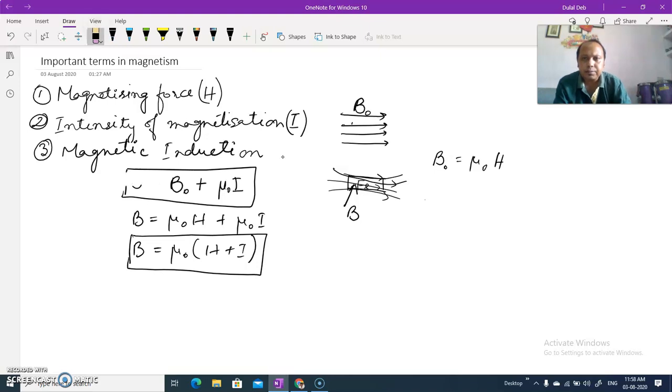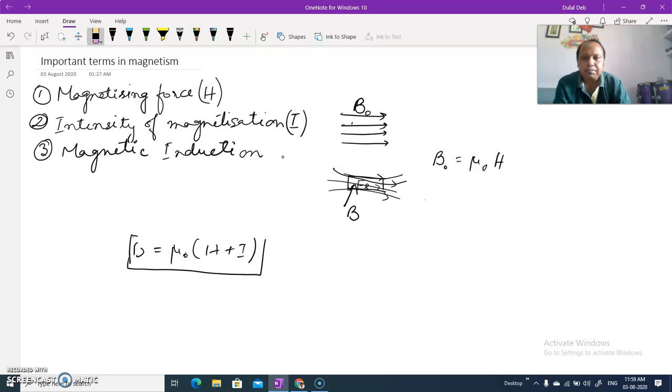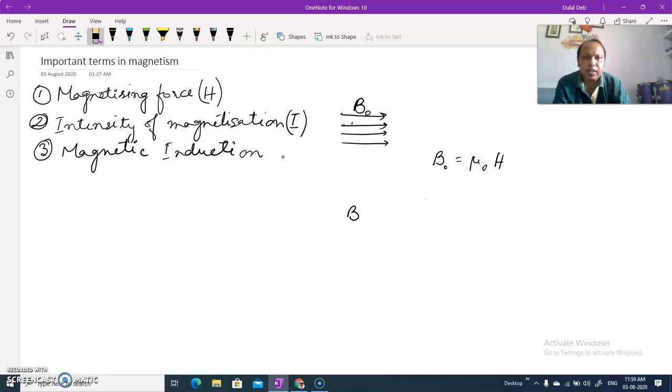Now let us move to the next term, that is magnetic susceptibility. Magnetic susceptibility is the ratio of the intensity of magnetization to that of the magnetizing force.